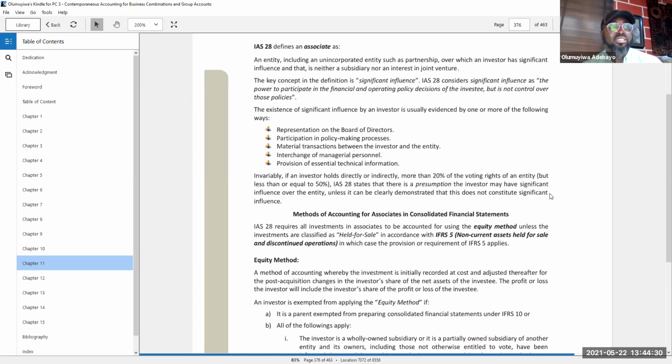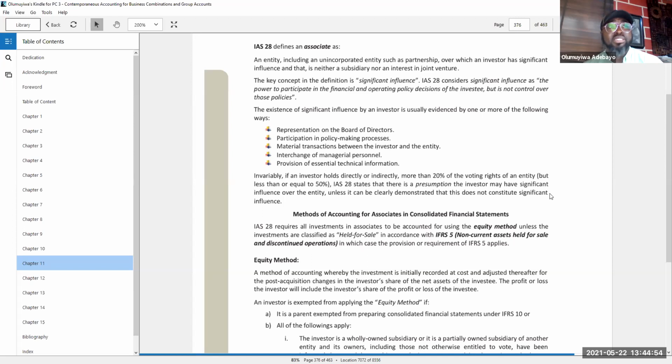exerts significant influence. Next, we need to ask, what then is significant influence? Significant influence in this regard could be viewed from two perspectives. I'll start from the quantitative perspective, which is the threshold.